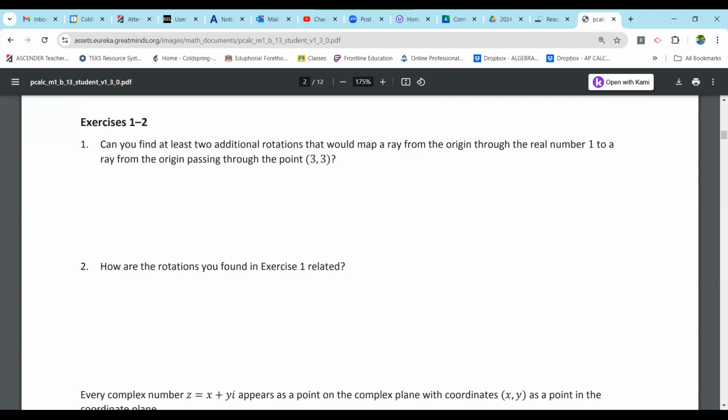All right. So which one was that? Z3. So this is looking back at our opening exercise. As Z3, the coordinate was 3, 3. And it's just asking if we can come up with another rotation. What was the rotation that we got for Z3?